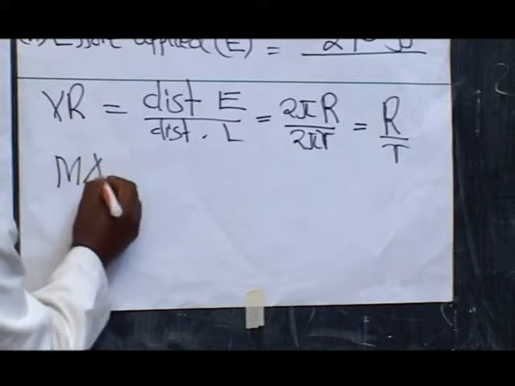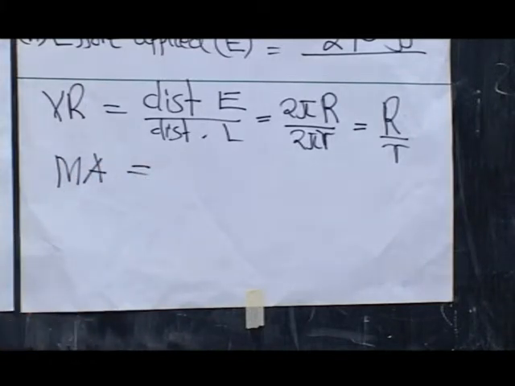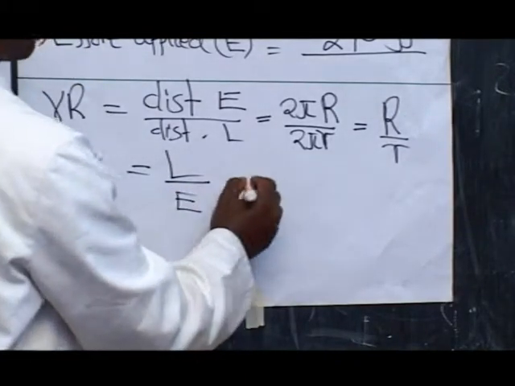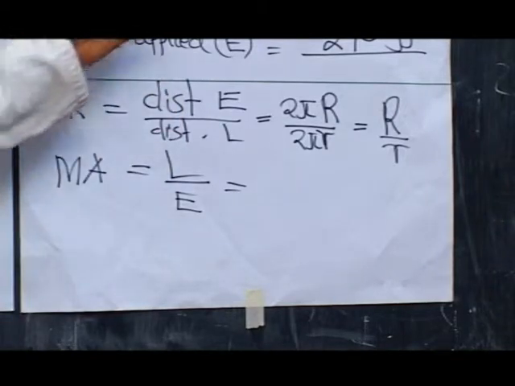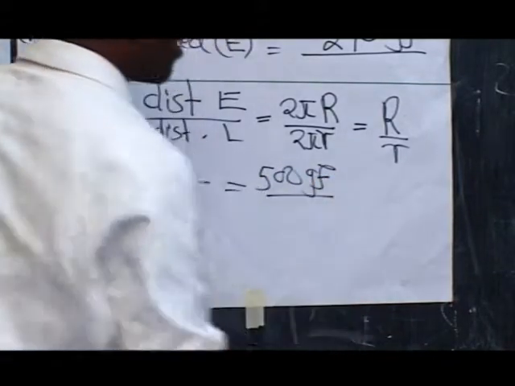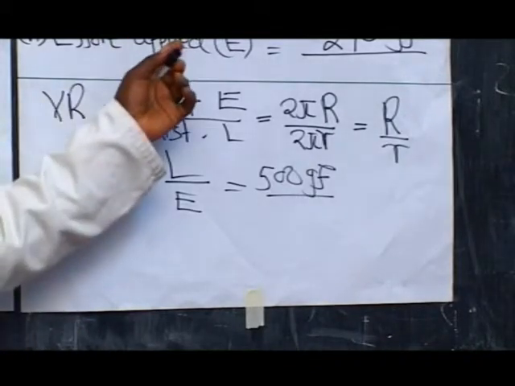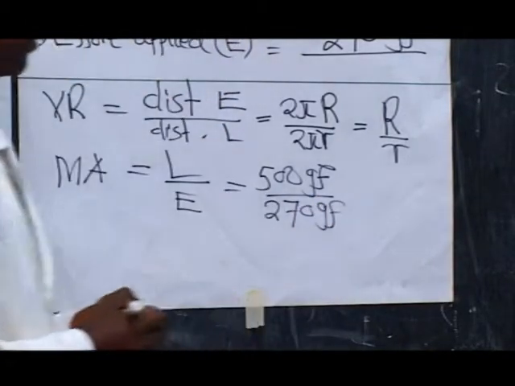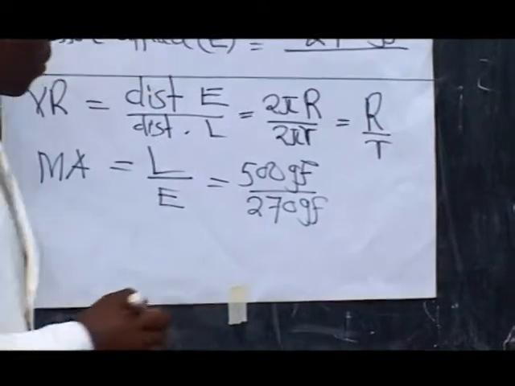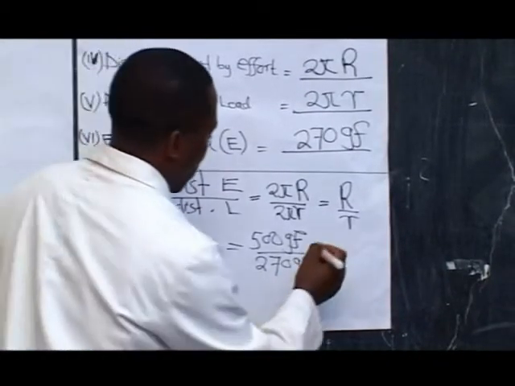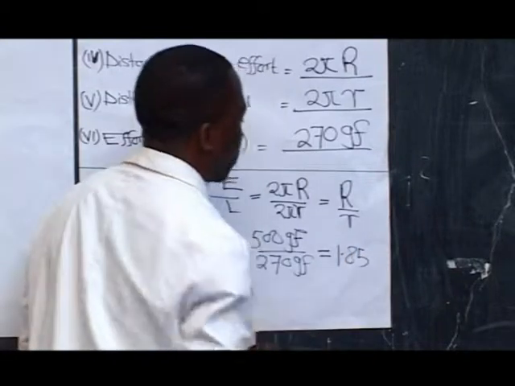Mechanical advantage is a ratio of load over effort. From the data, the load is 500 gram force and the effort was 270 gram force, and this will give you the value of 1.85.